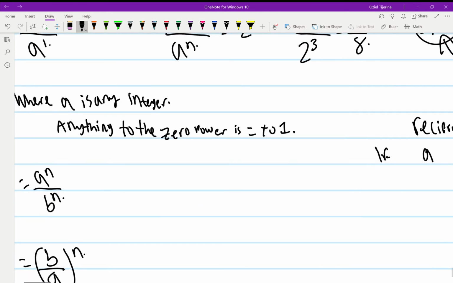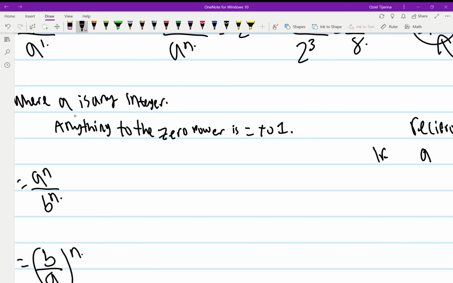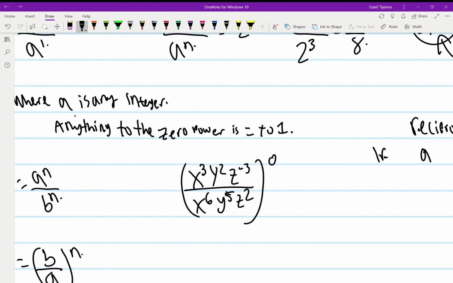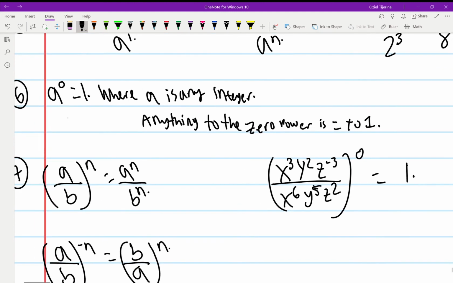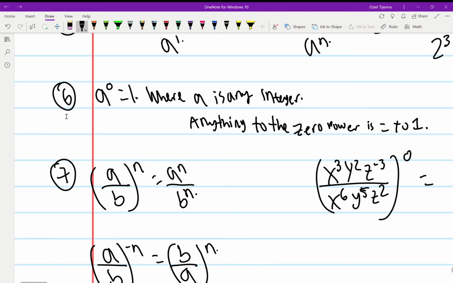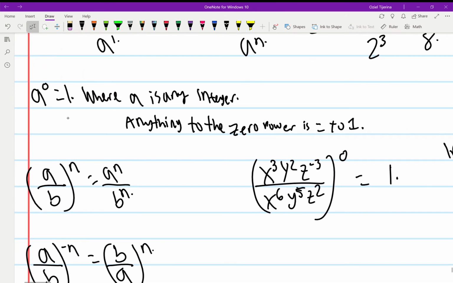If we have, let's say, x cubed y squared z to the negative 3 over x to the 6 y to the 5th z squared, all to the 0, don't even do all of this because it's going to be equal to 1. Okay, that's what you have to remember for that one. Anything to the 0 power is 1.